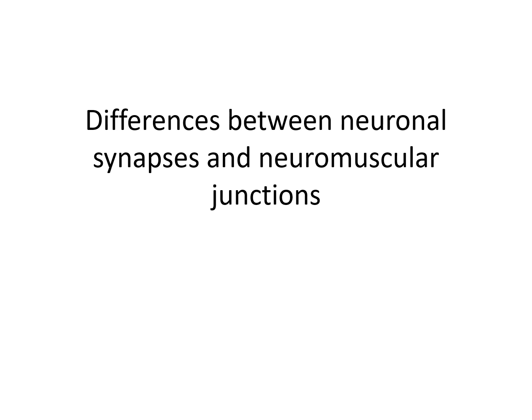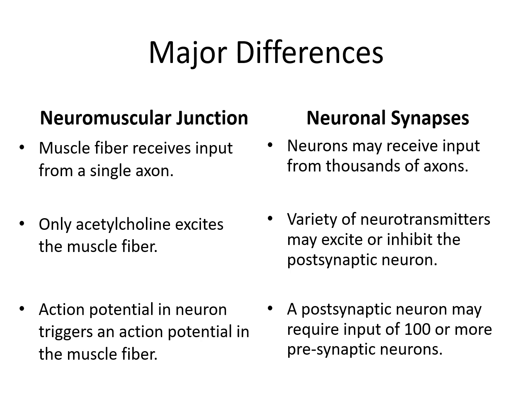So let's look at the differences and compare the characteristics between neuronal synapses and neuromuscular junctions. Since you have a good idea what neuromuscular junctions are, how do neuronal synapses appear differently? Here I made a little table showing the major differences. In the neuromuscular junction, the muscle fiber receives input from a single axon.